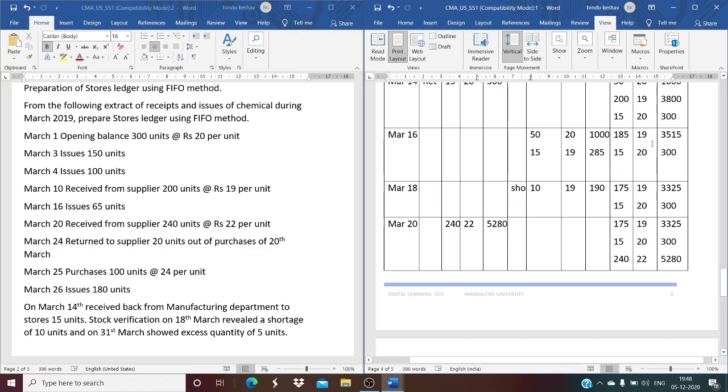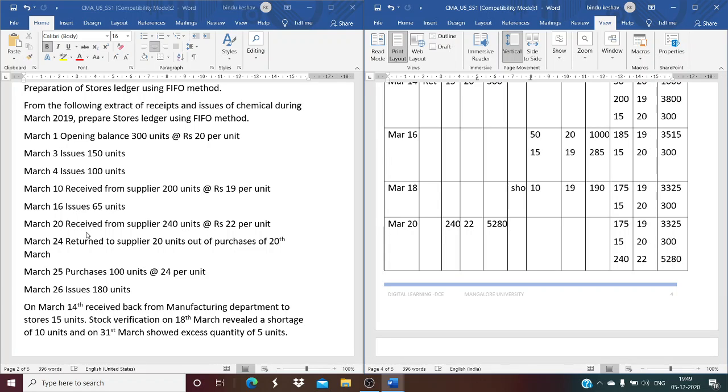So it will be priced at 19 rupees. So shortage 10 units at rupees 19, 190 rupees. So the balance will be from 185, 10 units are missing. So 175 units at rupees 19, 3325, and 15 units at rupees 20, rupees 300.